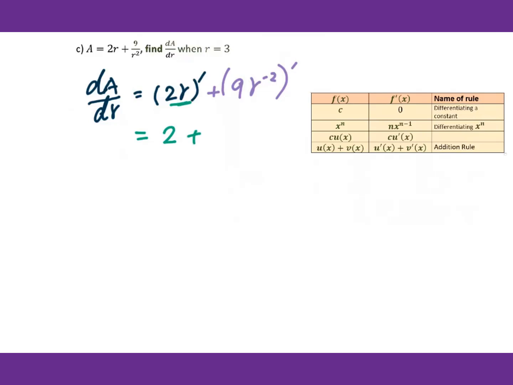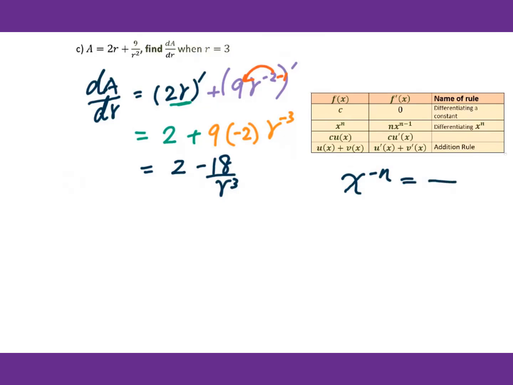Then plus, drop down minus 1, so you have 9 times negative 2 times r to the negative third power. Now we organize. You will get 2 minus 18 over r to the third power. Remember, x to the negative nth power equals 1 over x to the nth power.